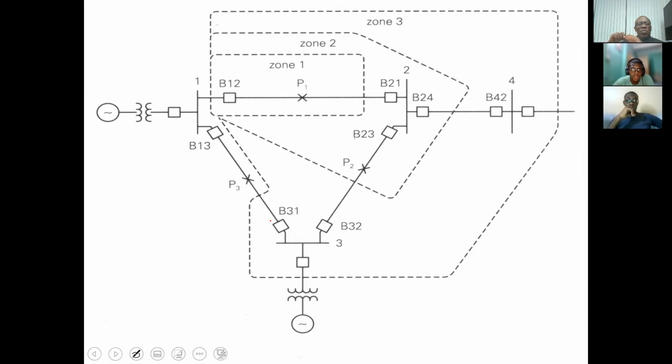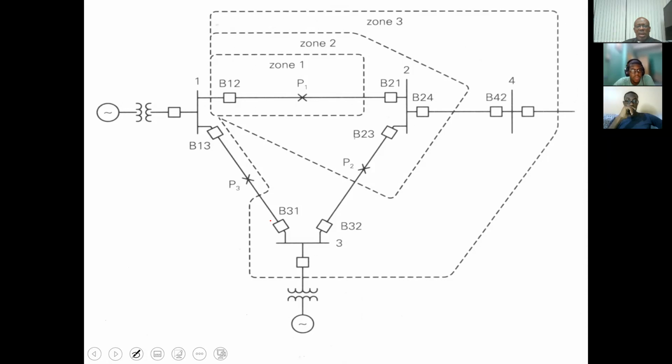You would note that you would have zones overlapping. So you would have 1 to 2, that would be a zone, 2 to 4, that would be another zone. Then you have 3 to 2, and of course 1 to 3. So all these zones. Now, if I was using overcurrent relays, I want you to think about it. If I had an overcurrent relay at, say, bus bar 1, okay?